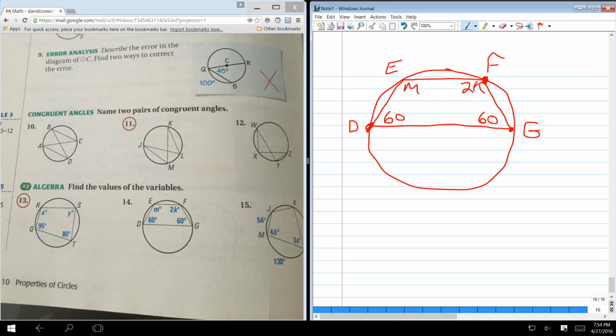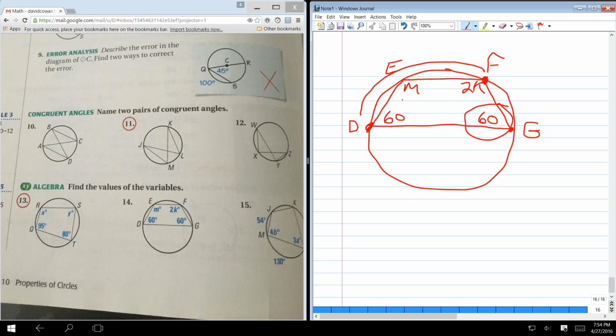So DEF is the arc that is subtended by that 60-degree angle. So from here to here is how much? Angle DEF would be... not angle DEF, but arc DEF.